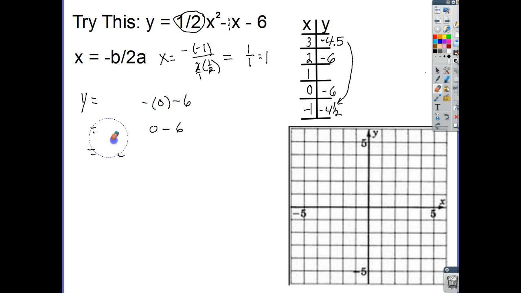All right, so let's find the x-coordinate of the vertex. A little out of order here, but it's all right.